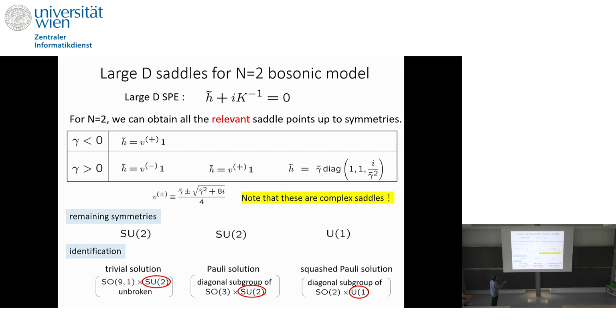In the n equals 2 case, we can exhaust all the saddle point solutions to this equation. And again, for negative gamma, we only find this, but for positive gamma, we have 3. So you can naturally identify these 3 solutions with those classical solutions in the original matrix model. And by just looking at the symmetry that these saddle points have, you can identify this as the trivial solution, this as the Pauli solution, and this as the squashed Pauli.